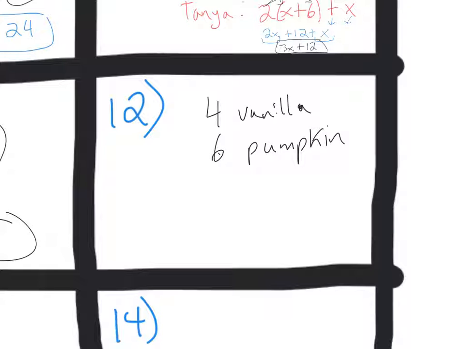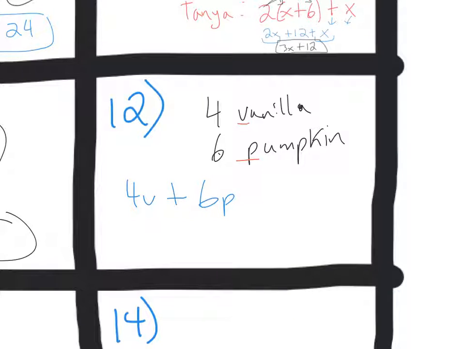Alright, so we're just going to use V as our variable, and use P to represent the cost of each pumpkin candle. So I underline V and P. So we really just have 4V plus 6P.